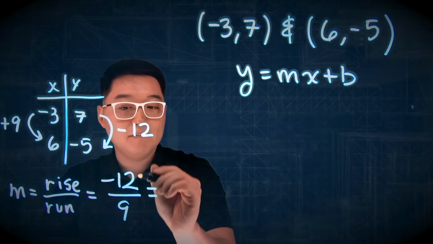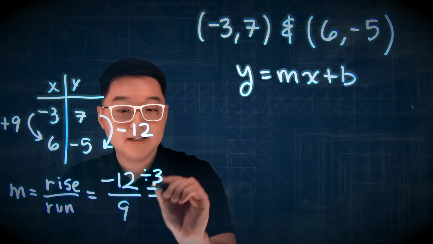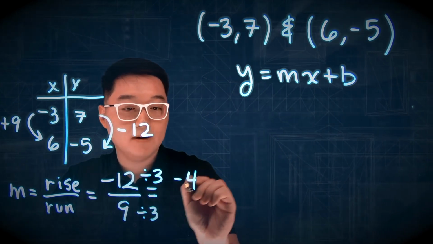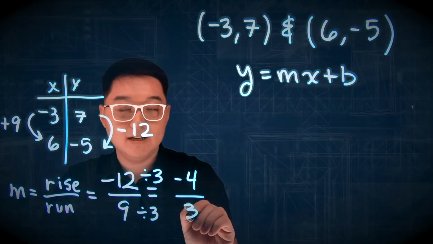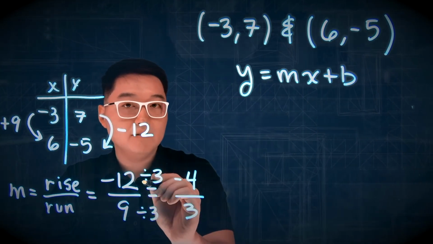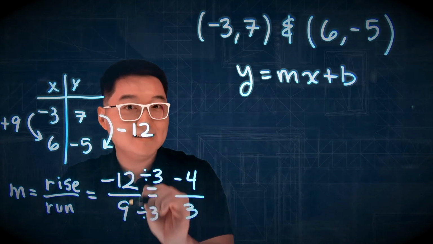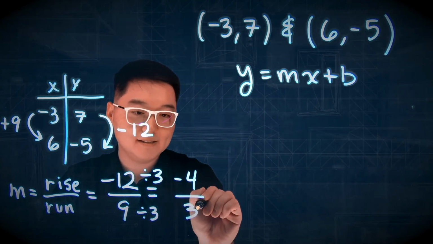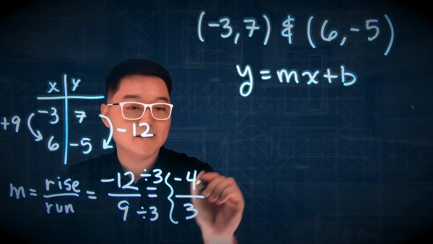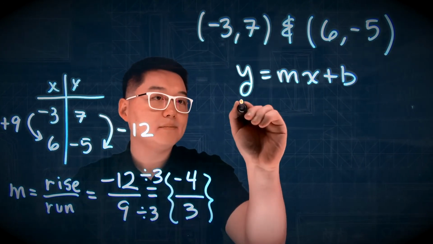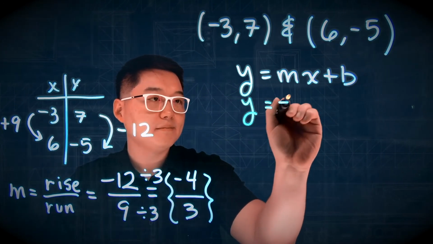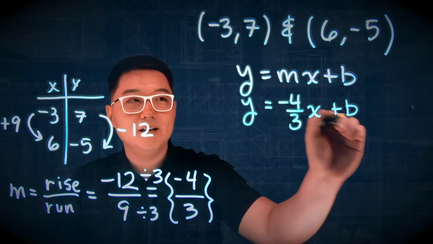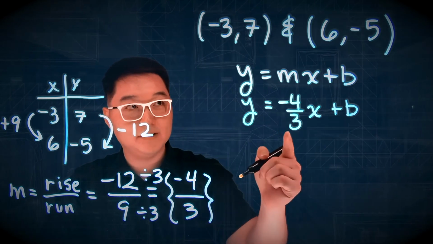You can see that they both are divisible by 3's. This will give us -4 over 3. So you losing $12 in 9 days is the same thing as saying you lost $4 in 3 days. Let's use this as our slope. Okay, so our slope is -4/3.